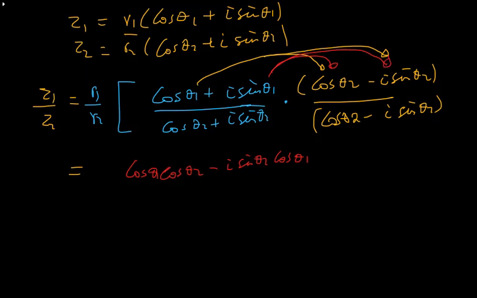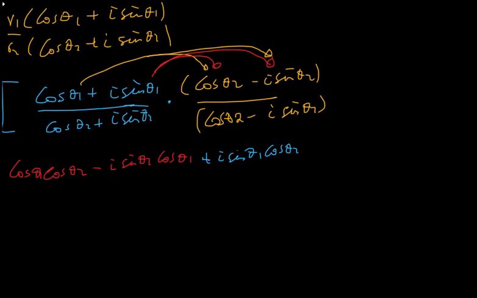That goes to i sine theta 1 cosine of theta 2, minus, of course, i times i is i squared, sine theta 1 times sine theta 2.